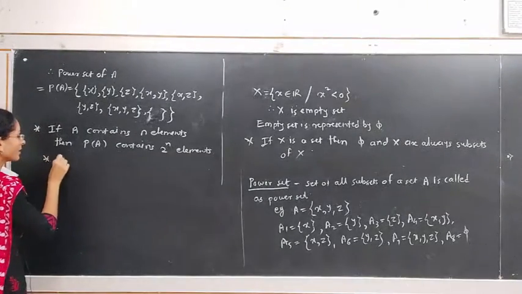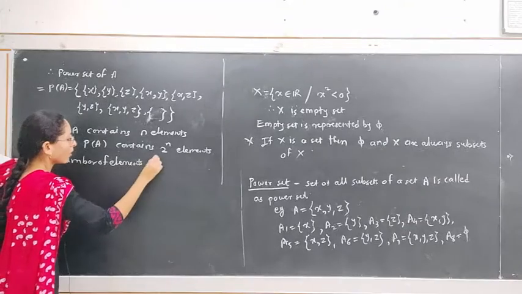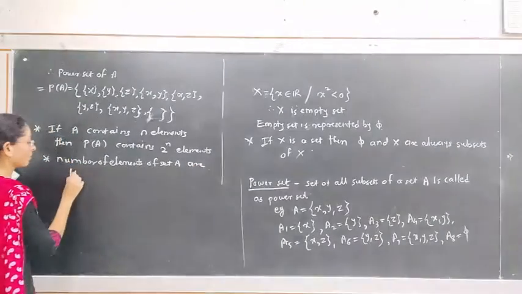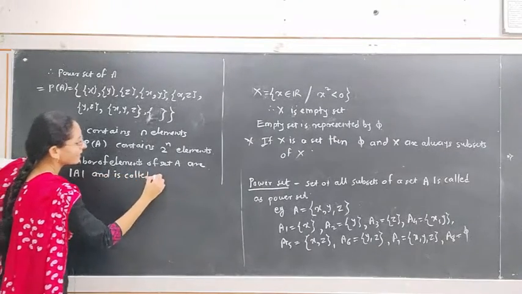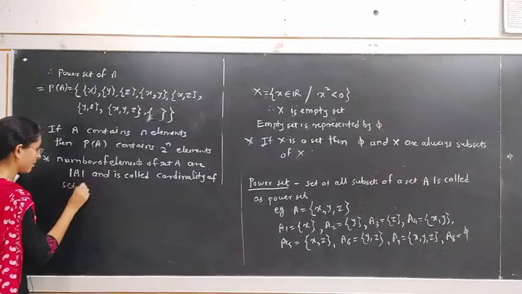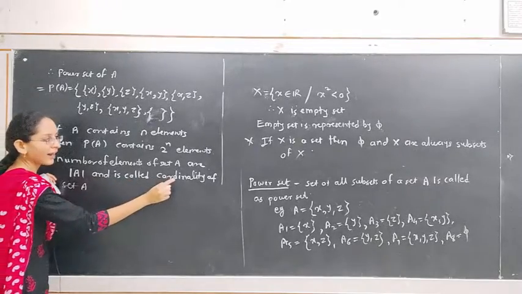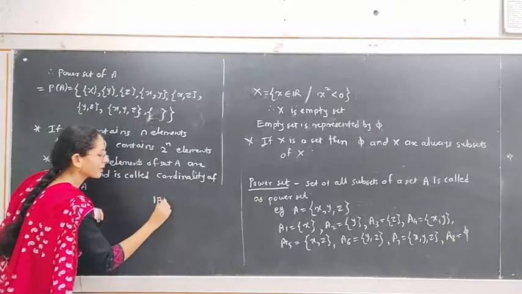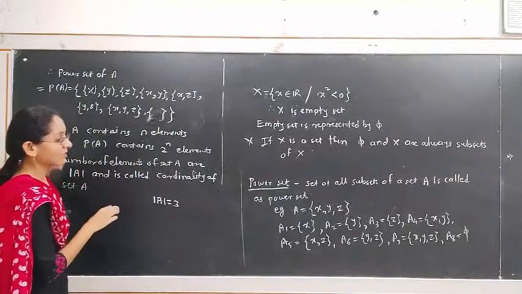We write the number of elements of set A with this symbol, mod A, and it is called the cardinality of set A. In this example, the cardinality of A is equal to 3 because there are 3 elements X, Y and Z, and the power set of A contains the elements.